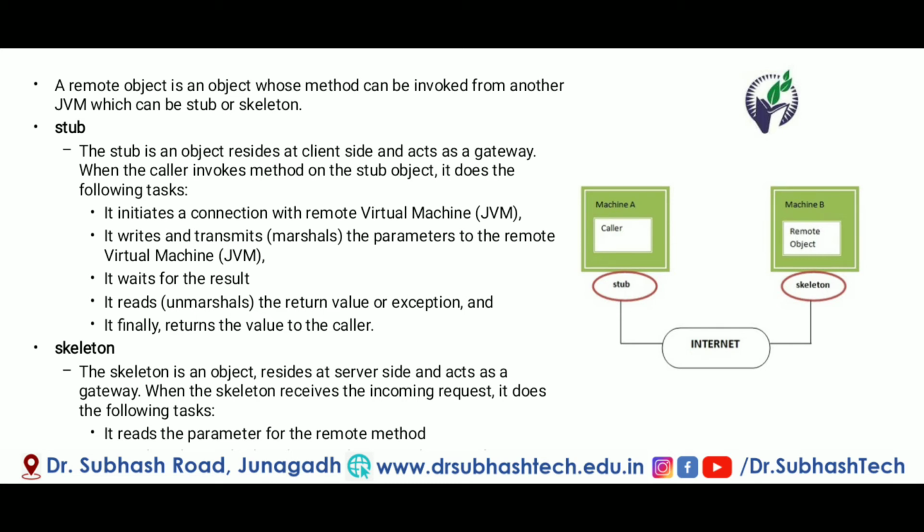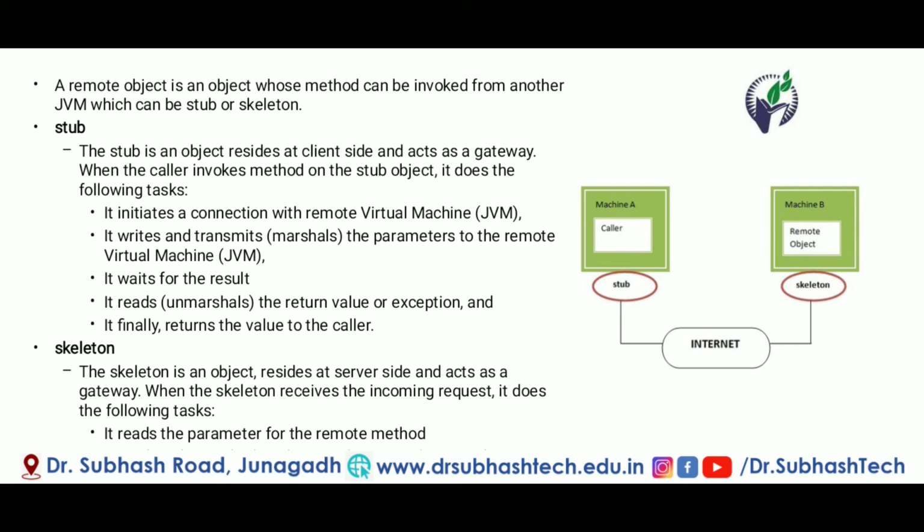In our friend example, you want to borrow a book from the friend, so you have to pass the details of that book, right? You specify the author name and the title of the book. So you give the parameters to the remote object. This is also done by the stub object.